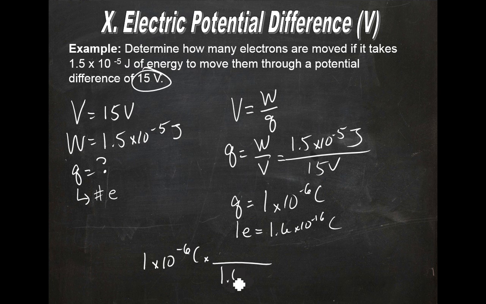We're going to put 1.6 times 10 to the negative 19 coulombs down below, and that charge represents one elementary particle, and that will be 6.25 times 10 to the 12th electrons.